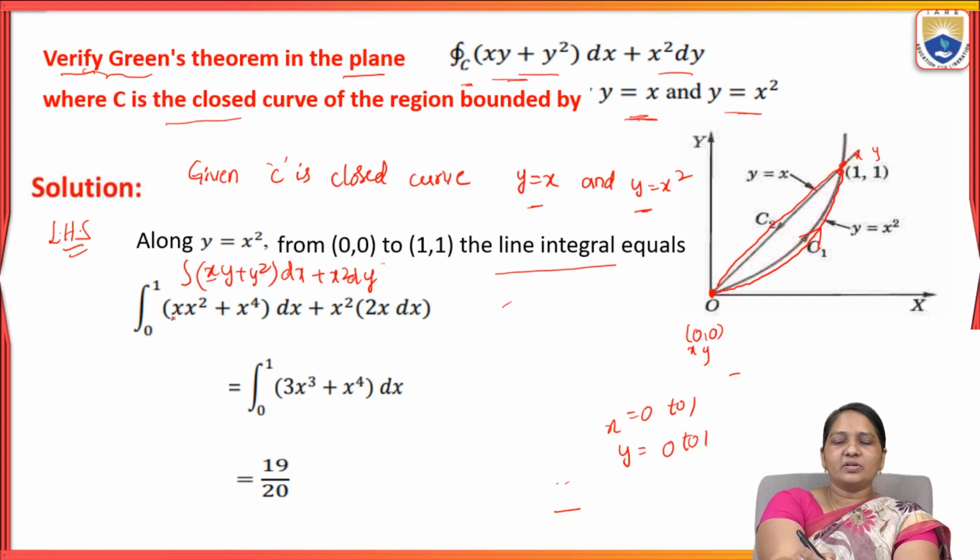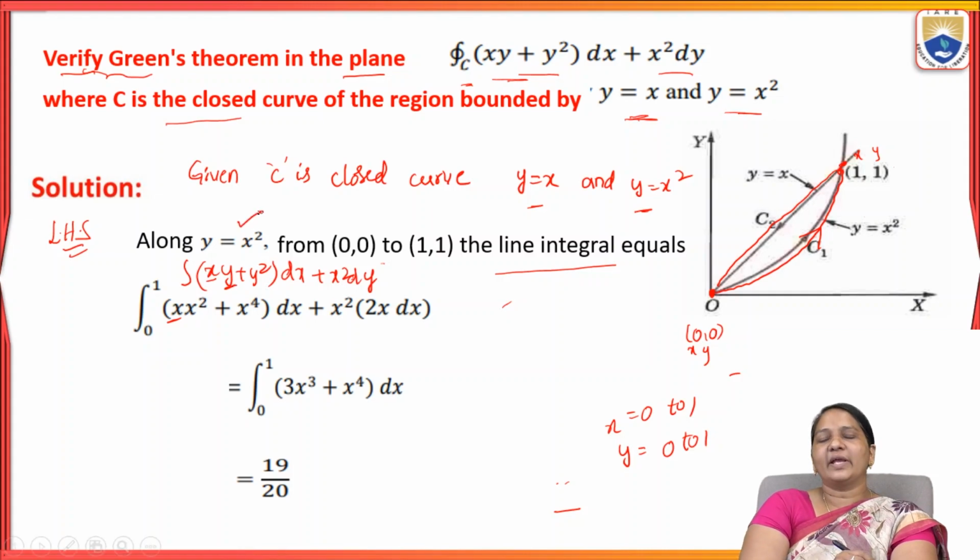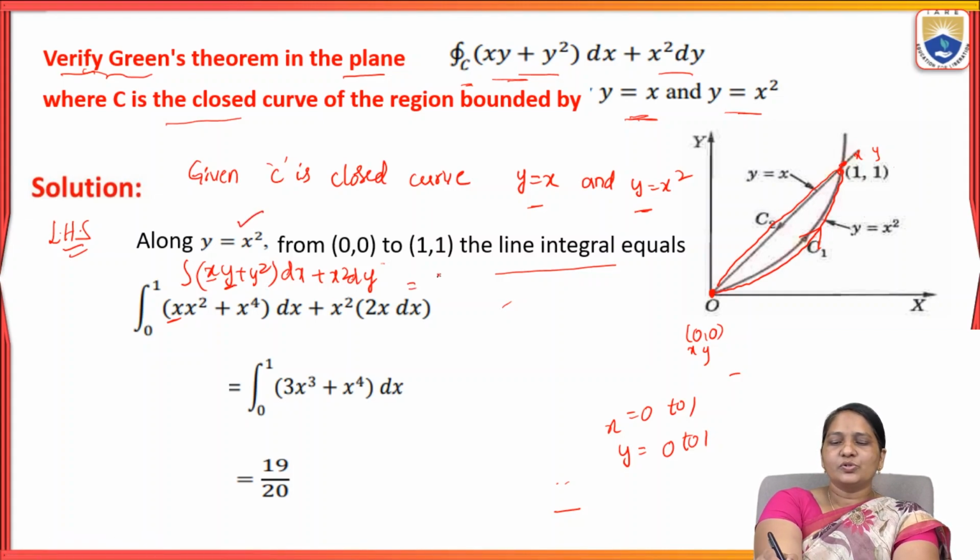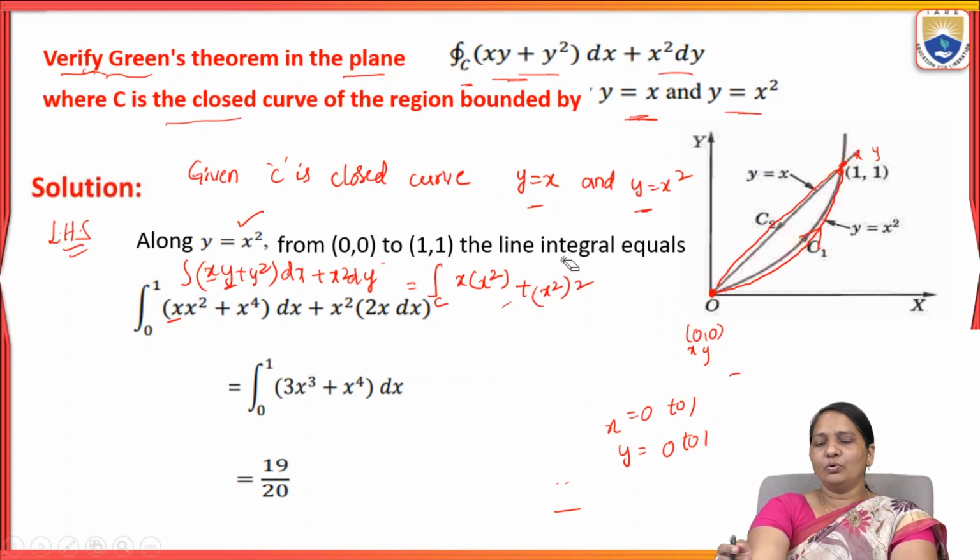So what is the x value here? Same as it is. Now what is the y value? y is equal to x square. I am replacing here: integral over C of x into x square, plus y square, meaning (x square) whole square, into dx, plus x square into dy.